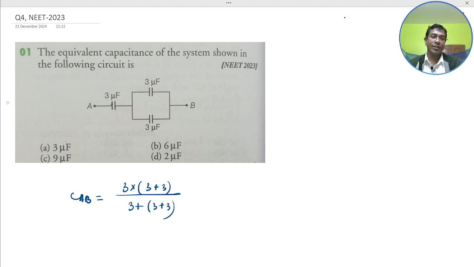One thing is that these two are in parallel, so 3 plus 3, and this is in series with it, CS and CP. So 18 by 9, that is 2 microfarad. So basically D would be our correct answer.